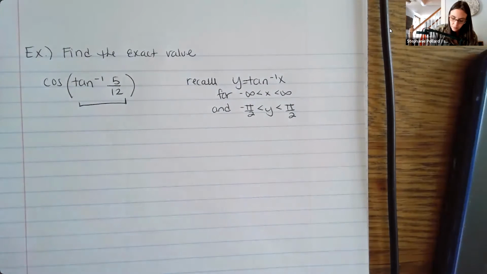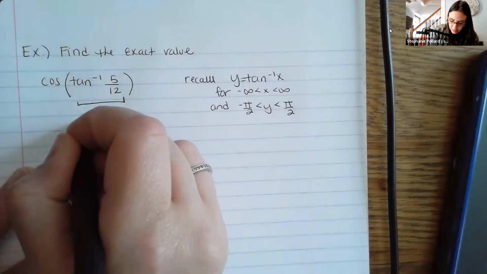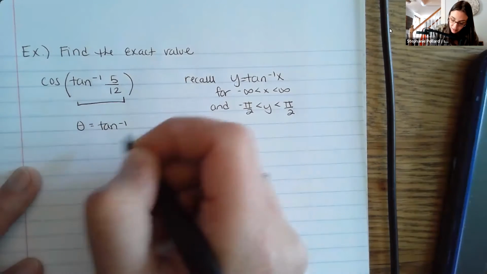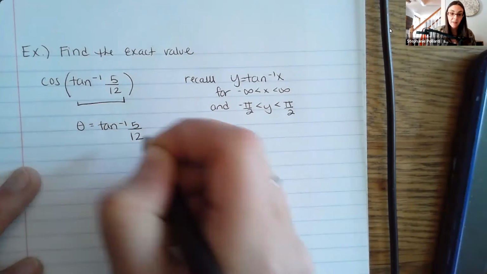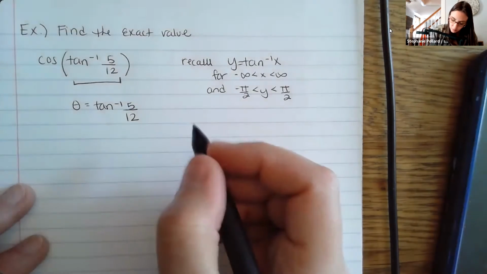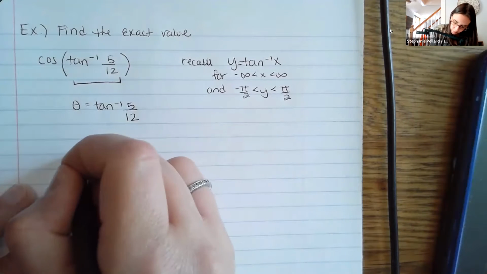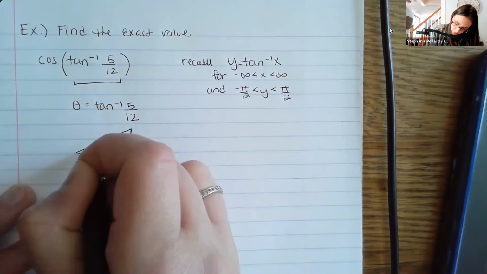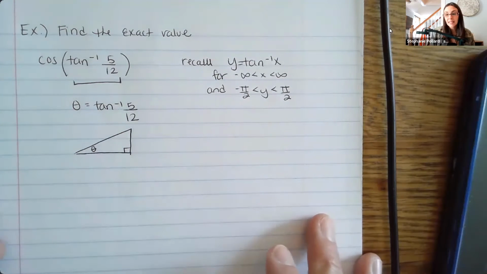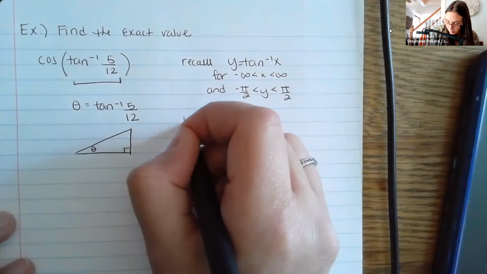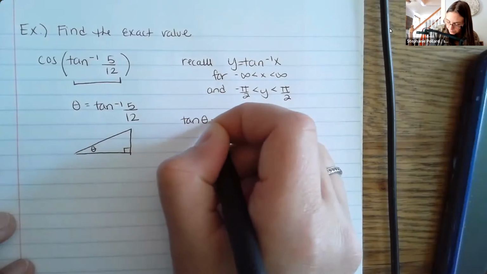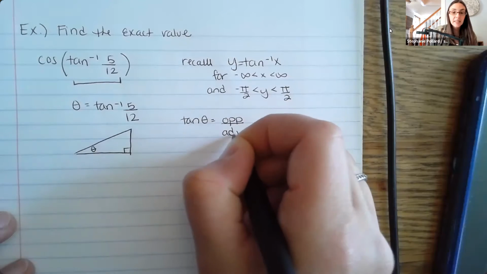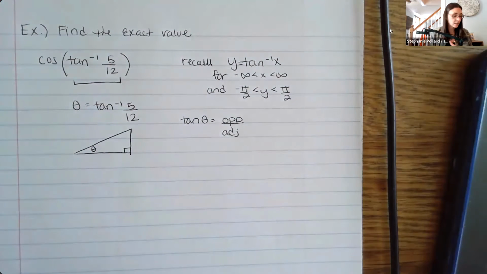So what happens is I'm looking for some angle, right? When you have an inverse, you're trying to find the angle. That's what we get 5/12. Well, remember that tangent is equal to opposite over adjacent, right?